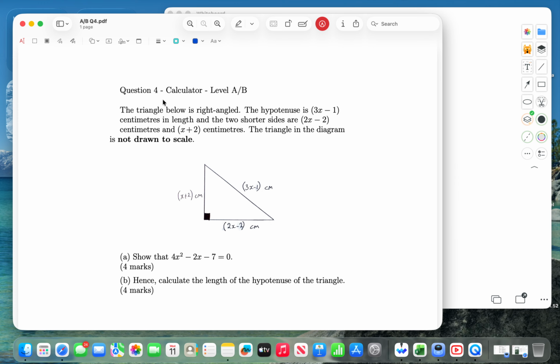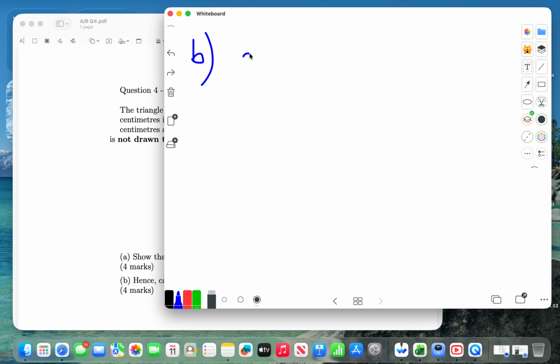Now it's a calculator exam, so you might as well just jump in there and use the quadratic formula.